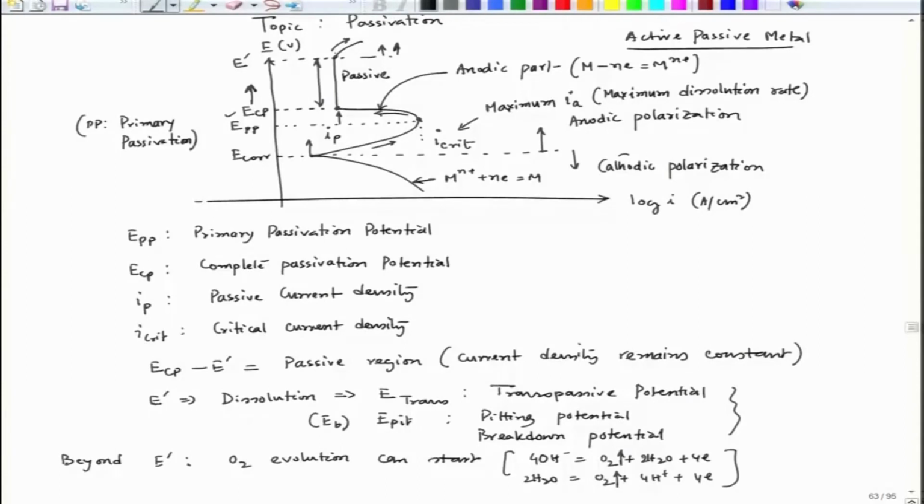Now, these critical values we will talk about gradually one by one, but first let us address this part. Why do we come across this oxygen evolution at a higher potential? In order to find that, we have to get back to the Pourbaix diagram.